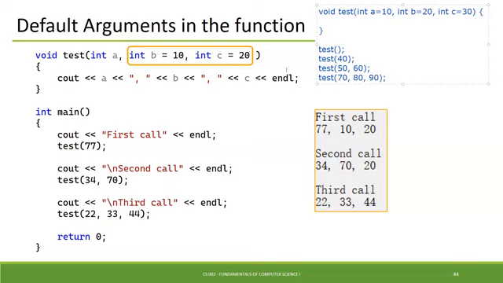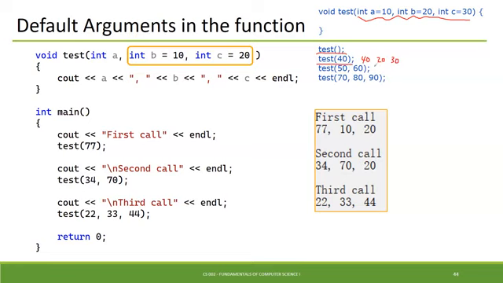Is it okay? So you may make all parameters default arguments. Then if you don't provide anything, 10, 20, 30 will be used. If you call this, then 40 instead of 10, A is 40, and B, C are 20 and 30, right?